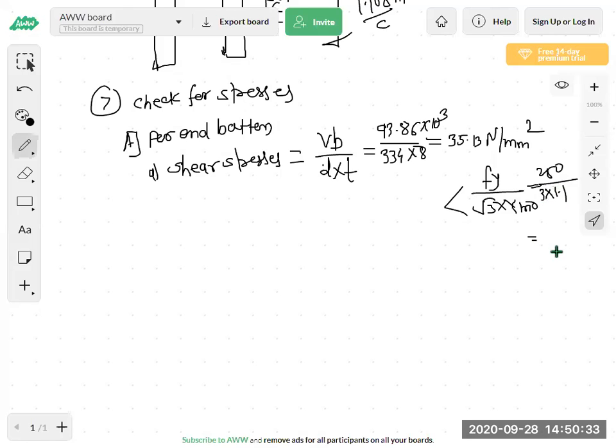So how much is this value? 250 divided by root 3 into 1.1, 131.21 Newton per mm square. Correct. It means less than this. Shear stress is 35 and this value is 131. So less than this value, hence safe.